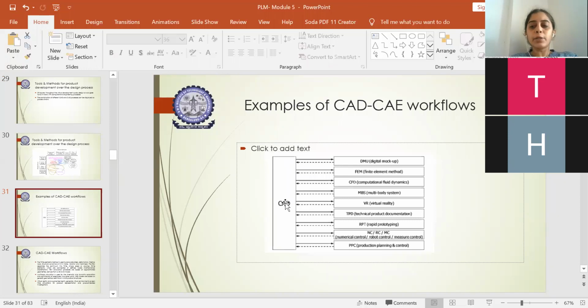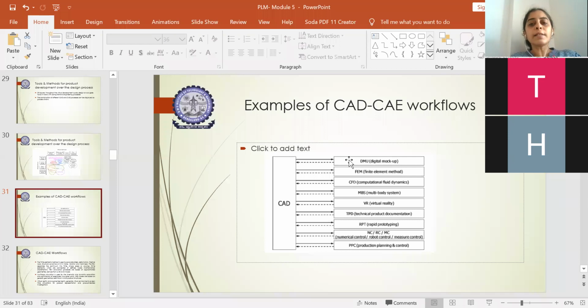So based on the needs, we will start our design using a CAD tool. In the CAD tool, first we will use the concept called digital mockup. What do you mean by digital mockup? It is a digital virtual environment which helps you to create the design virtually. Okay, so this is called digital mockup.